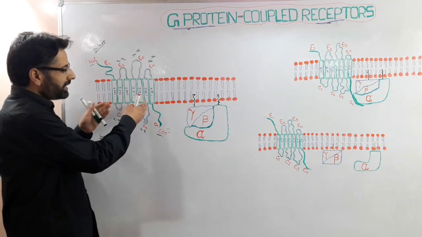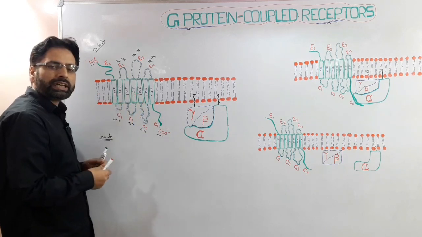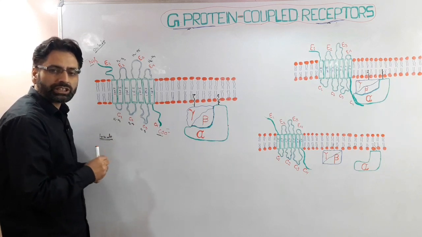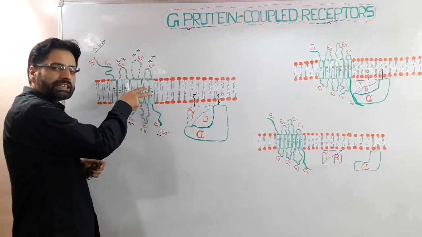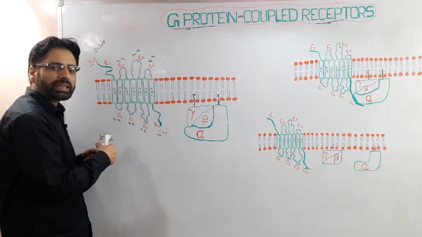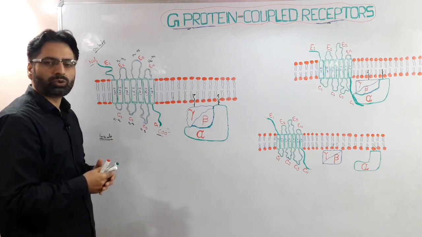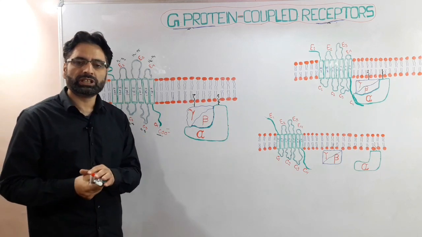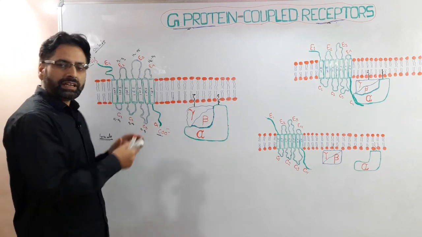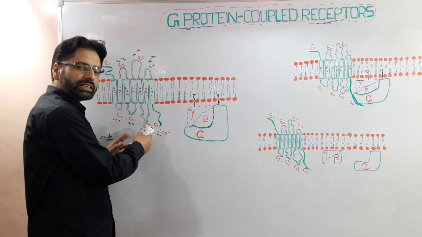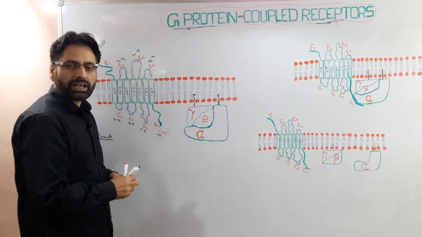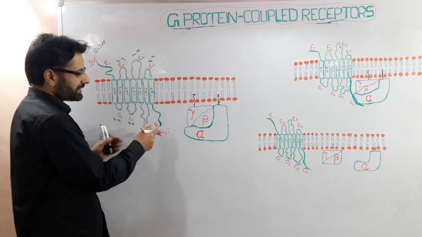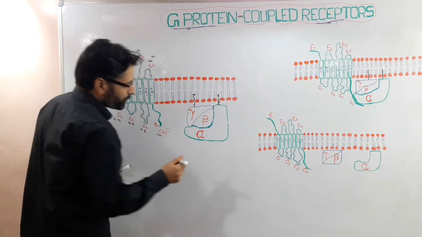But this transmembrane protein cannot change its location because it is permanently attached to the plasma membrane. How can it transfer the signal deep into the cytoplasm? What it does is recruit another set of proteins for this function. That is, it sends the signal through another protein. And that protein, in this case, is the G protein.